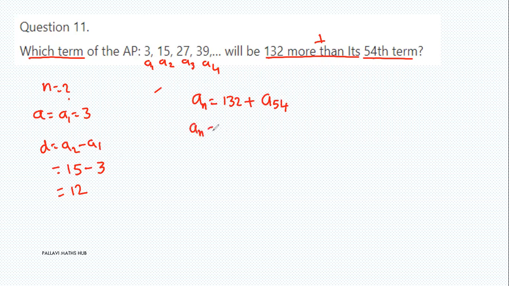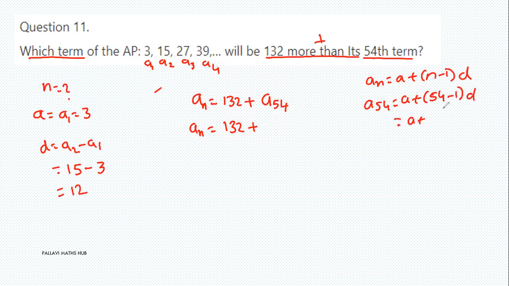An is equal to 132 plus A54, and the formula is An is equal to A plus n minus 1 into D. Okay. So A54 is equal to A plus 54 minus 1 into D, which is A plus 53D. Instead of writing all these steps, just directly put A54 is A plus 53D.